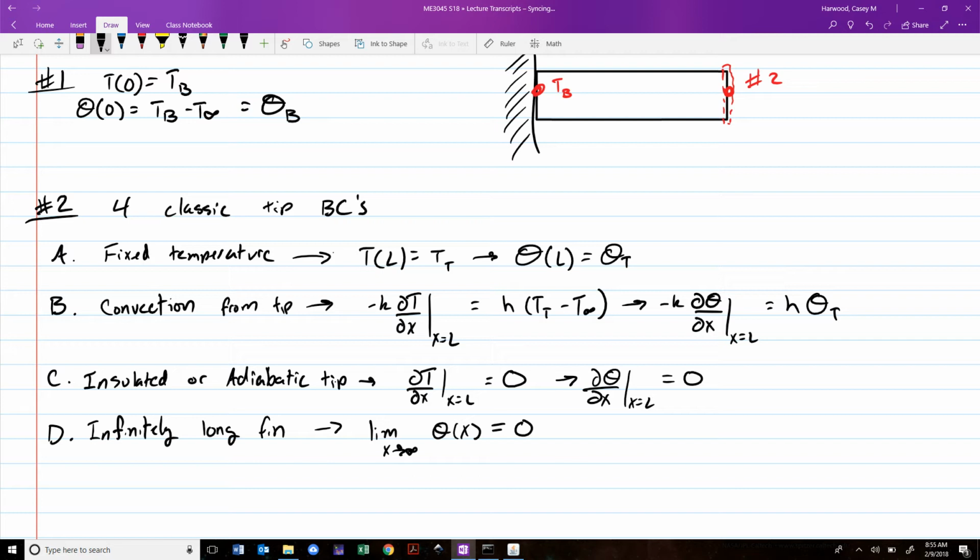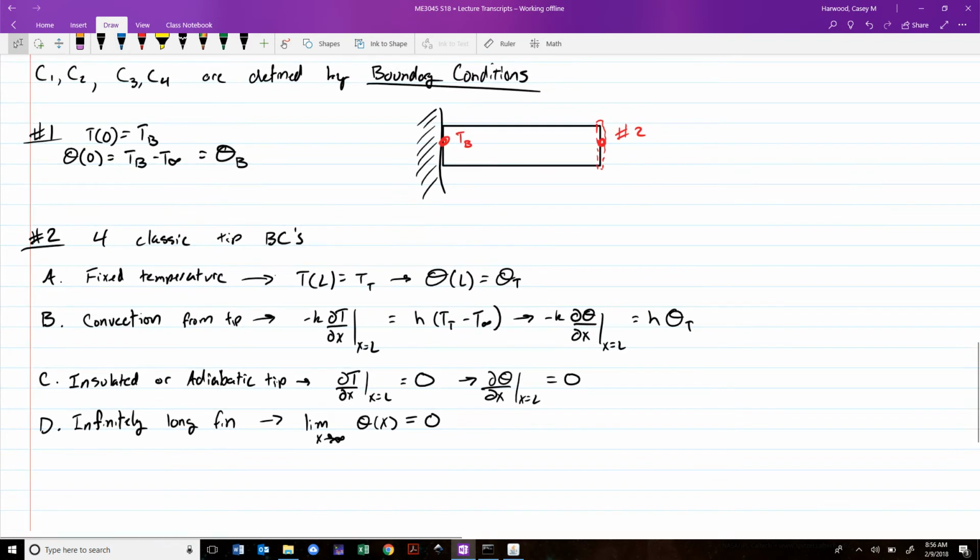So between these four classic tip boundary conditions, we run the gamut of possible configurations for a cooling fin. We're only going to talk about one of these in detail today, but you can find a summary of all of these in table 3.4 in the book.